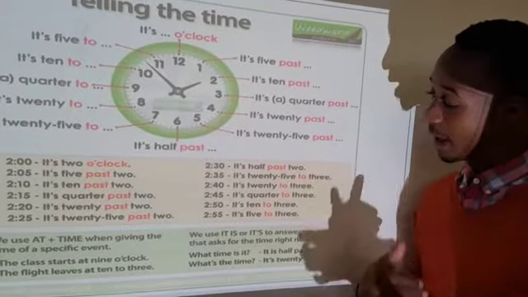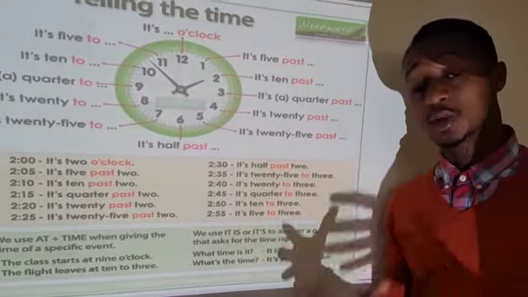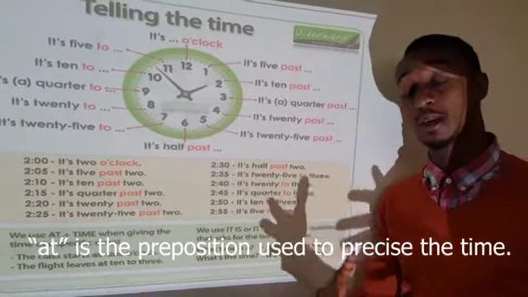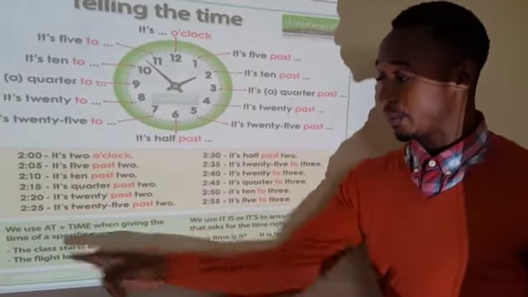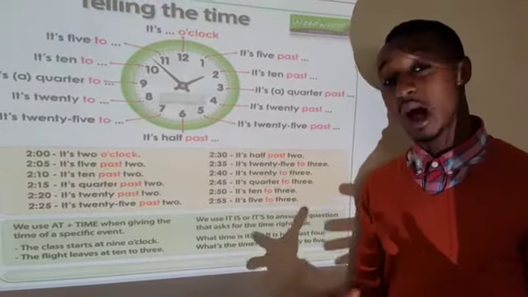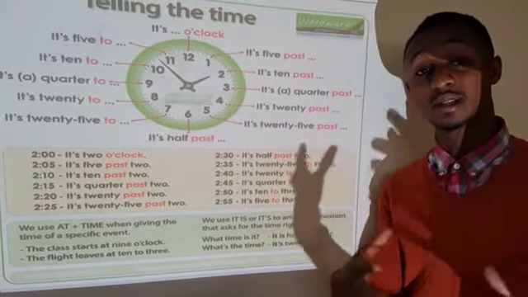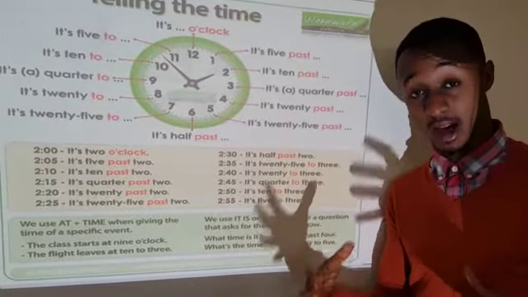Do you understand? Okay, now the preposition that we use for time, if you want to be precise about the time, is at. For example, you can say the class starts at 9 o'clock. The class starts at 9 o'clock. So we use at to be precise about the time.